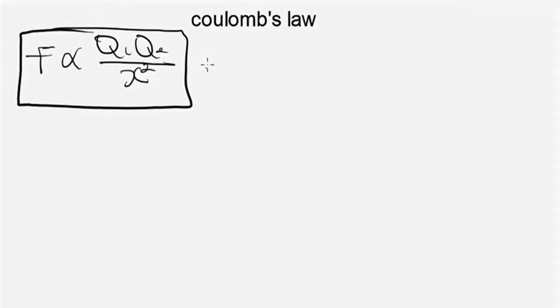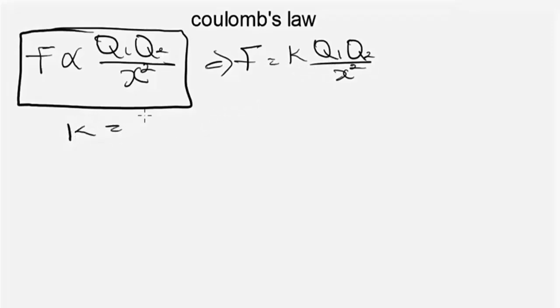Now, if we further simplify this, we have F is equal to K Q1 Q2 over x squared. Now, the K, which is the constant, is a popular constant I believe you know of, which is 1 over 4 pi epsilon naught.